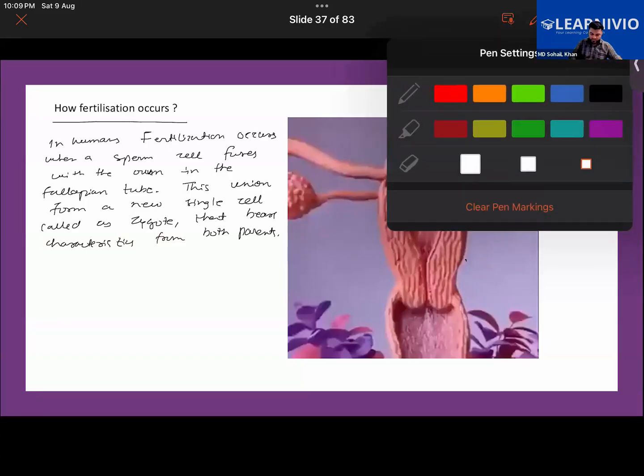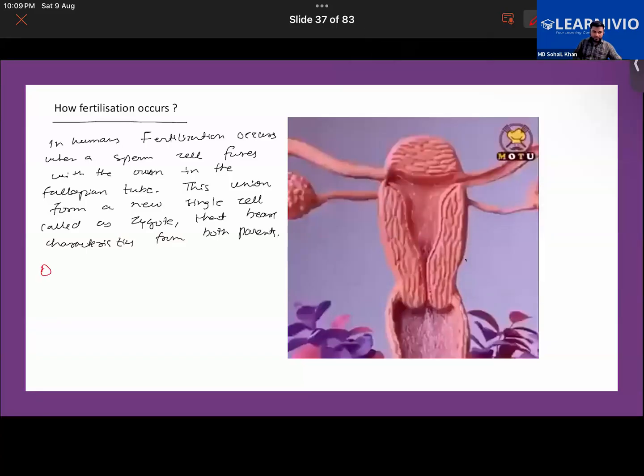Okay, now if you have to break down the complete step, first what occurs? The sperm enters the female reproductive organ, right? And at the same time the ovum must be released.